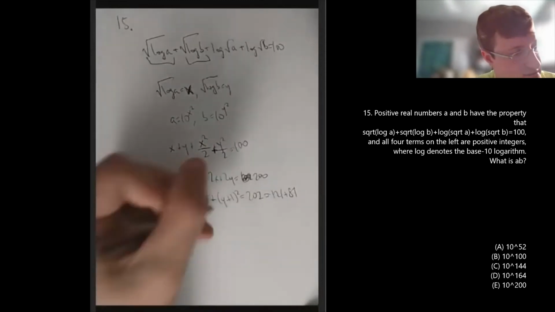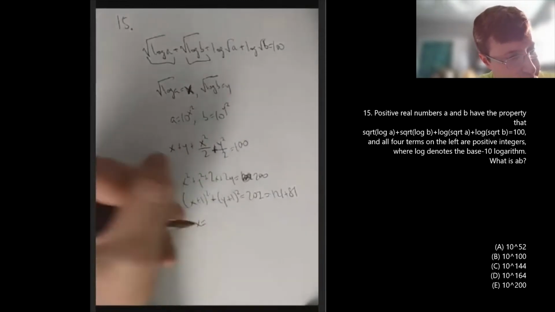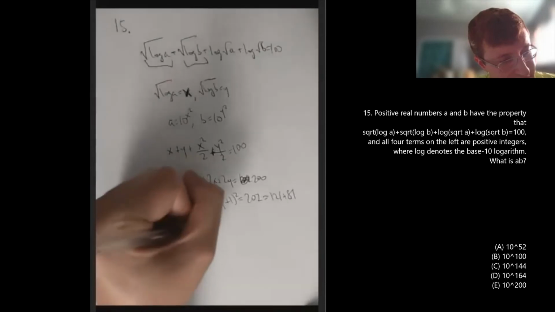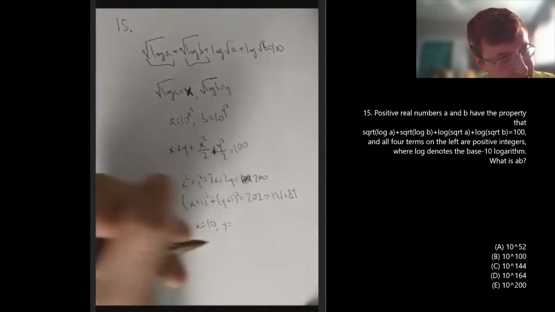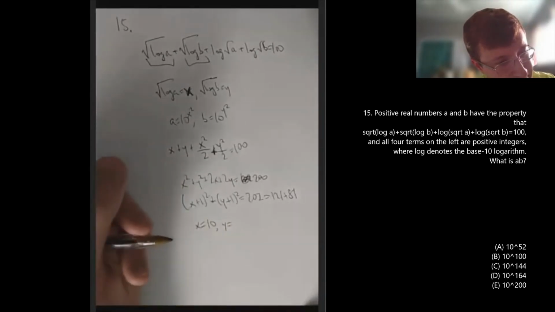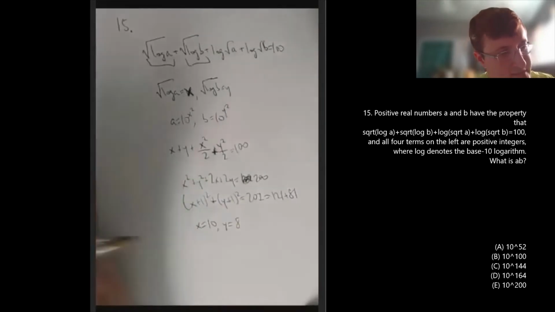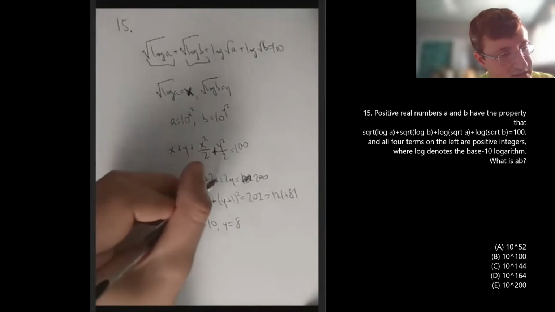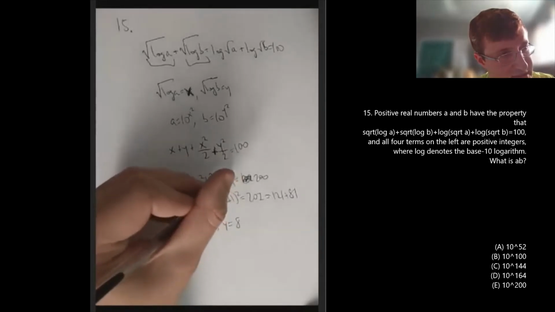Okay, so x plus 1 is, well, x is 10. y is 8. Yeah, 10 squared plus 8 squared is 164, plus 2 times 10 plus 2 times 8.